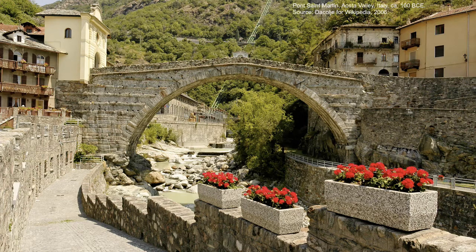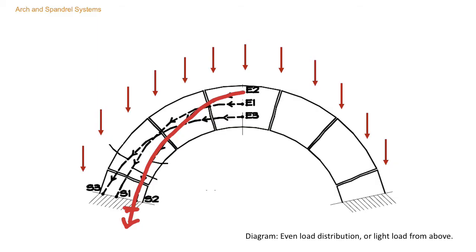Let's take a quick look at what it's doing. As we learned in the earlier section today, arches function through compression. They function through forces that are pressing in on and down on each other.